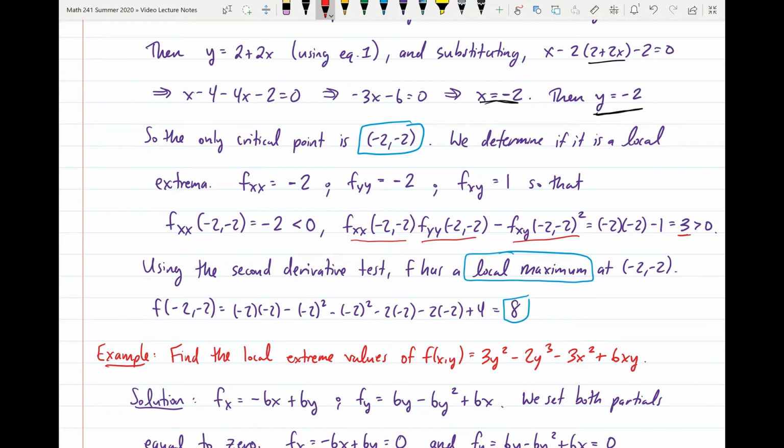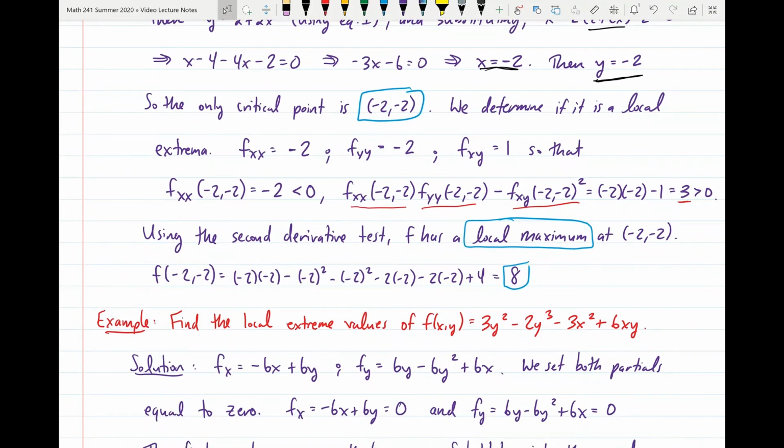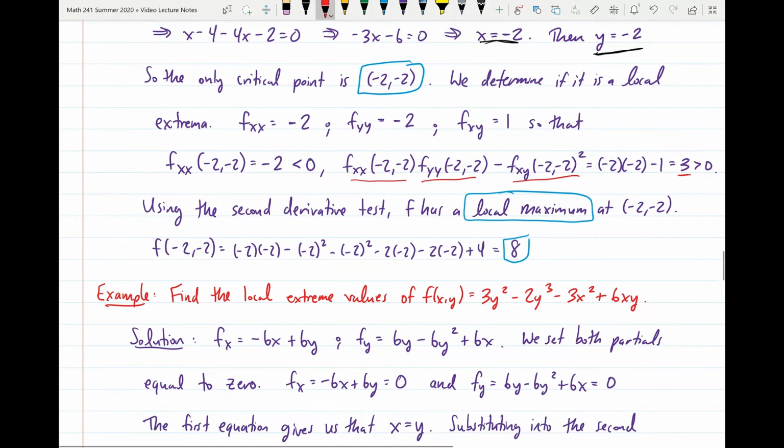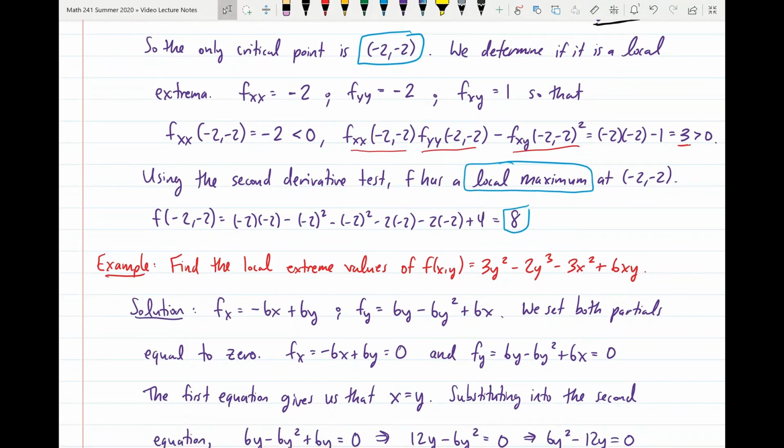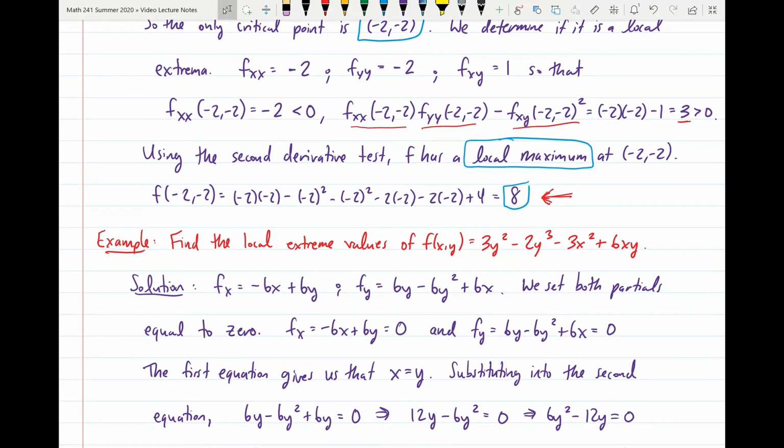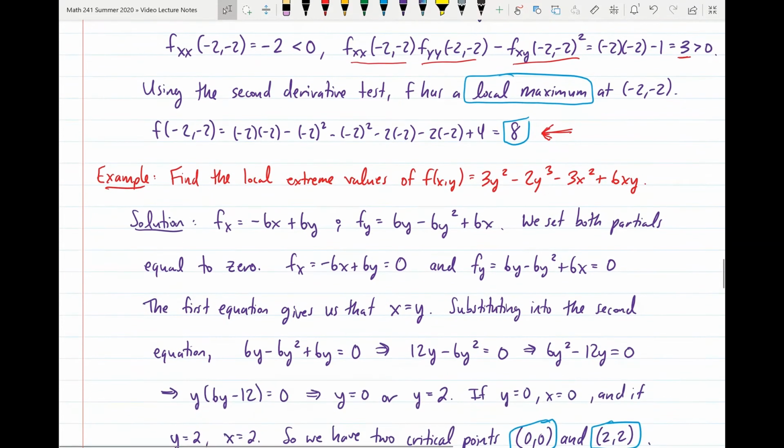So using the second derivative test, this falls into category 1, meaning that f has a local maximum at the point (minus 2, minus 2). And if we take that point and plug it into our function, we get that f at (minus 2, minus 2) is equal to 8. So this would be the value of the local maximum here. And the local maximum occurs at the point (minus 2, minus 2).